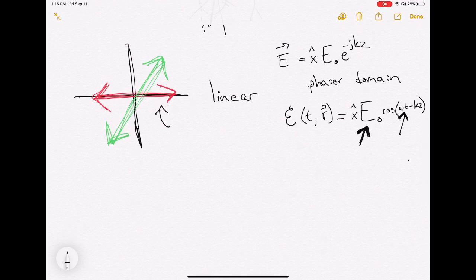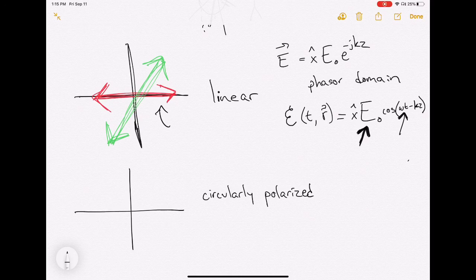Electromagnetic waves can also be circularly polarized. Which means if I am looking at the wave as it's propagating out of the screen towards me, the electric field vector, if I were to draw a plot of it, the tip of that vector traces out the shape of a circle as time increases.